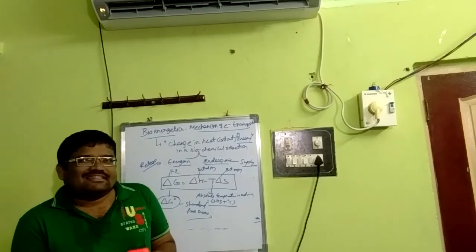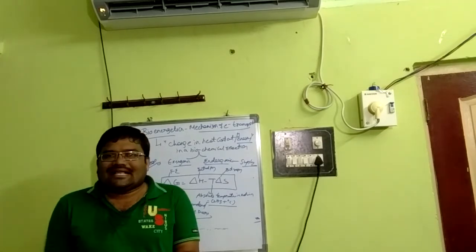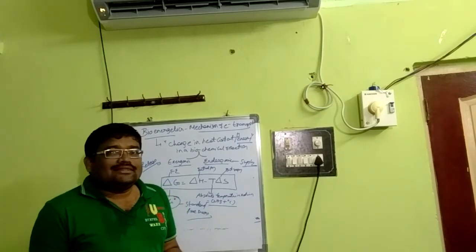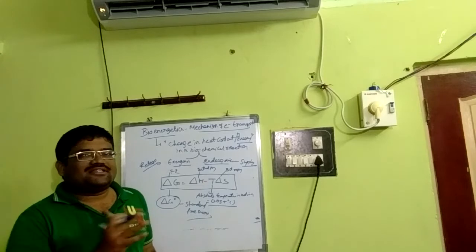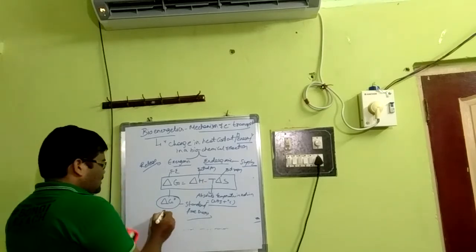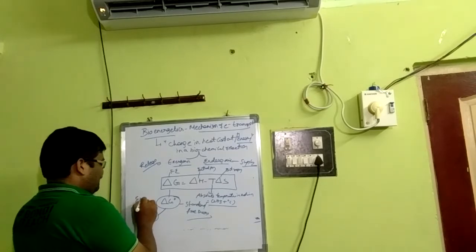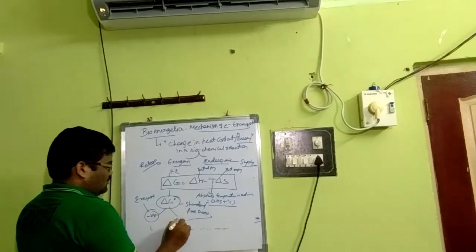Whether it is releasing heat, that means exergonic, or requiring energy, that means we have to supply the energy, then it becomes endergonic. So depending on the kind of energy, we have to use different signs. For example, delta G negative means exergonic, and delta G positive for endergonic.